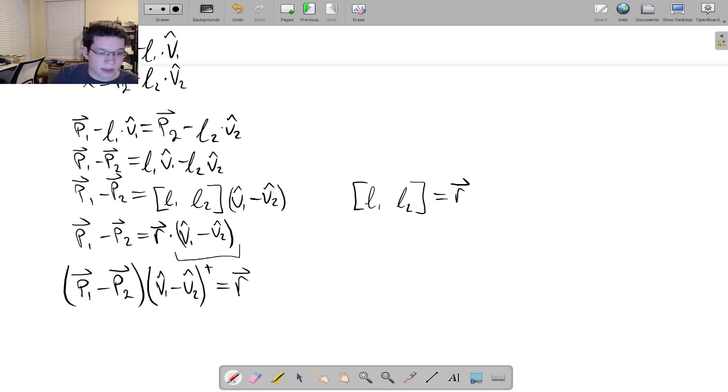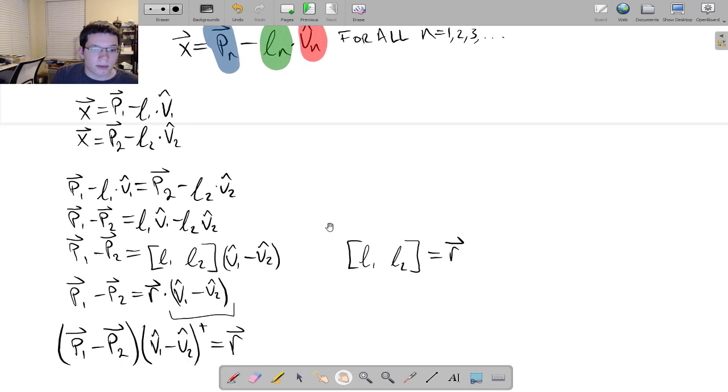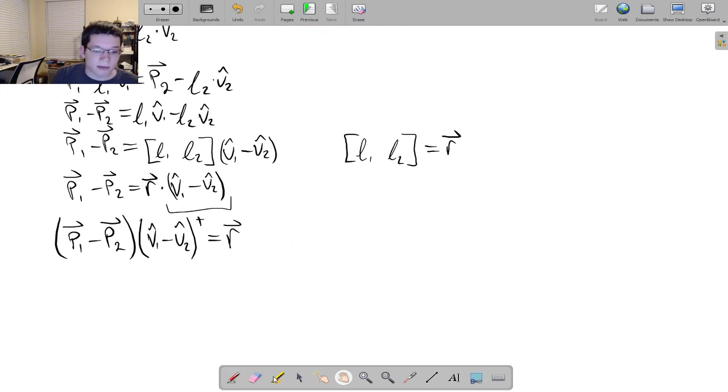If you were to evaluate this, you would end up with a range for R. Once you have this list of ranges, which is a vector of ranges, I just take the average when I do that. And then you can plug this R back in, because you know, again, X equals P N minus L N times V N hat.